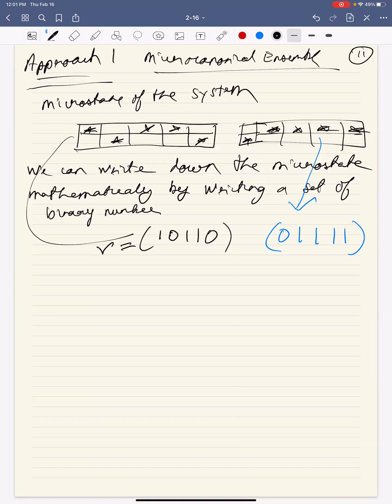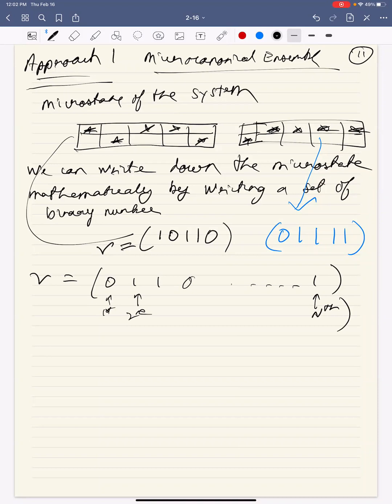The microstate is which energy level you are in, period. So my microstates will look like 0, 1, 1, 0, 0, 0, 0, 0, 1, something like this: first, second, and nth. I will have a bunch of numbers like this.